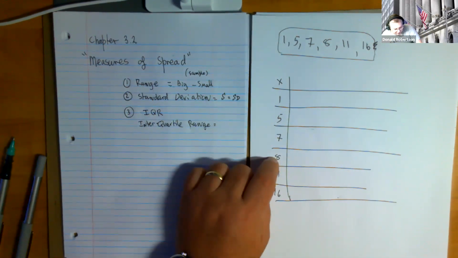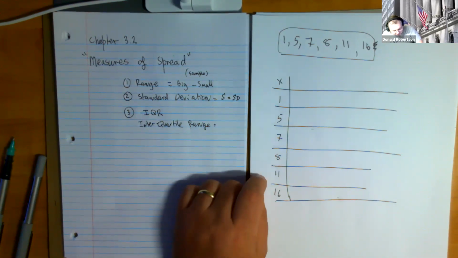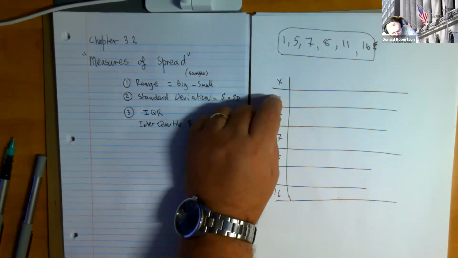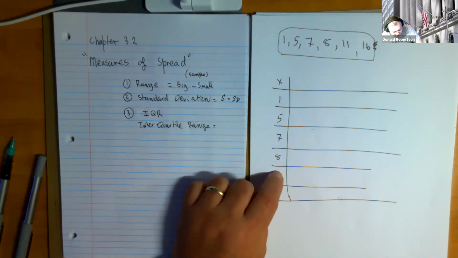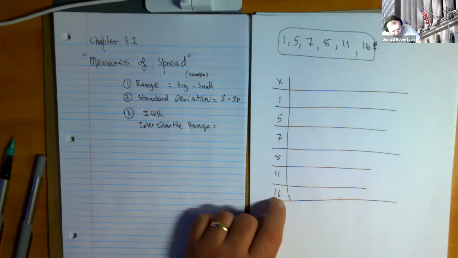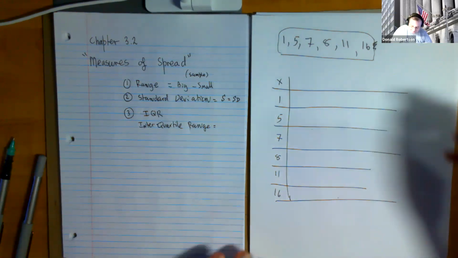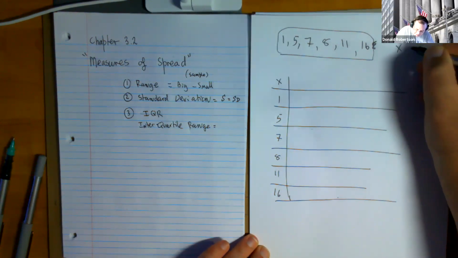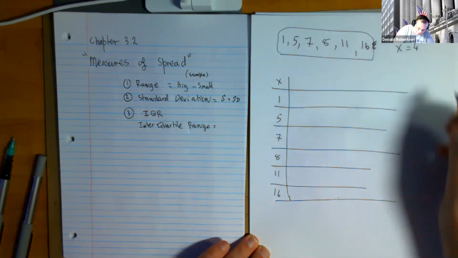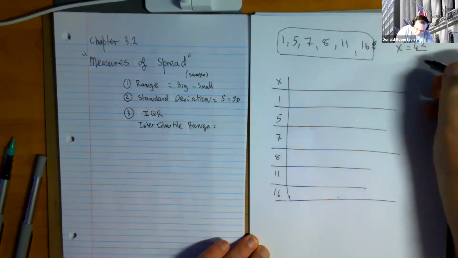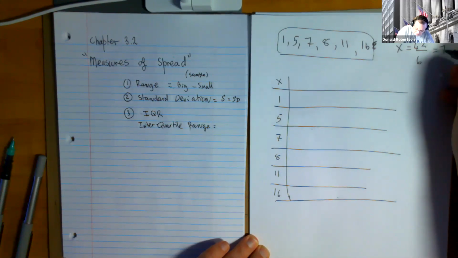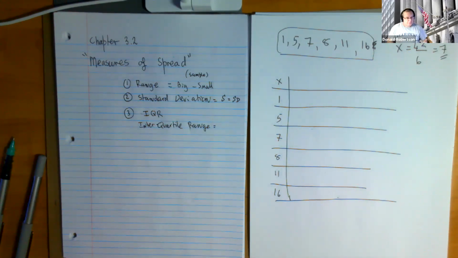We're cool. And you calculate the mean. And the mean is 42 divided by 6. The mean ends up being 7.